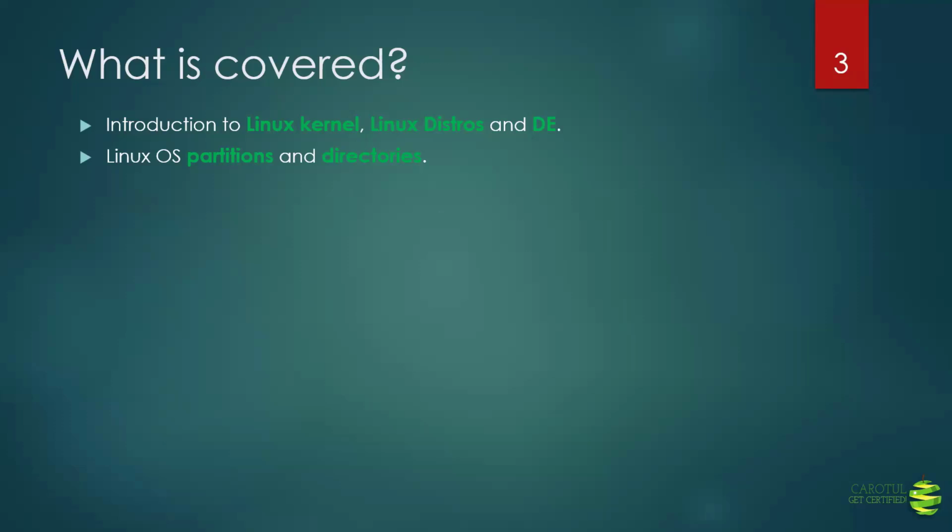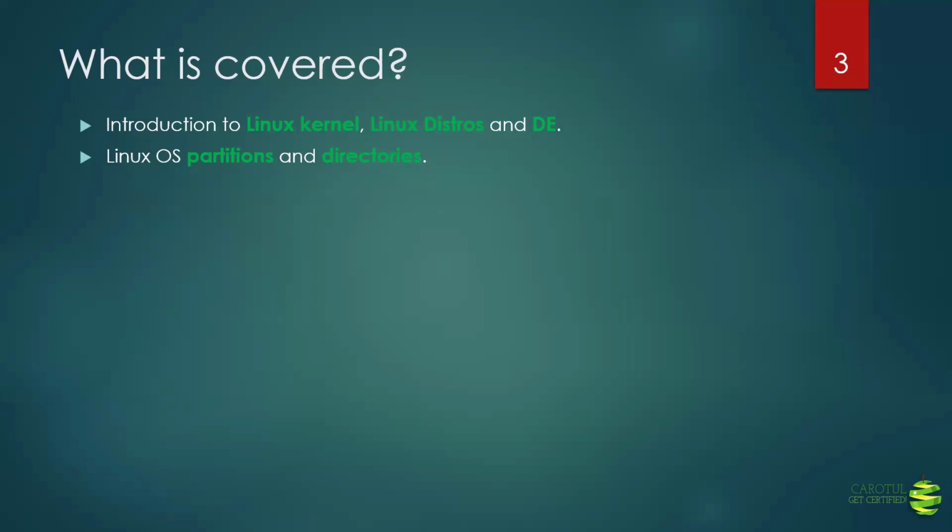You will see that when it comes to installation nowadays, there are so many options available that you can let the system decide how many partitions and directories will be created. But you should be aware of the meaning of all the important directories, like what exactly is the slash var directory, which is short for variable. What is the meaning of slash home or slash root directory? What is the slash tmp directory or slash opt directory, which is for optional packages.